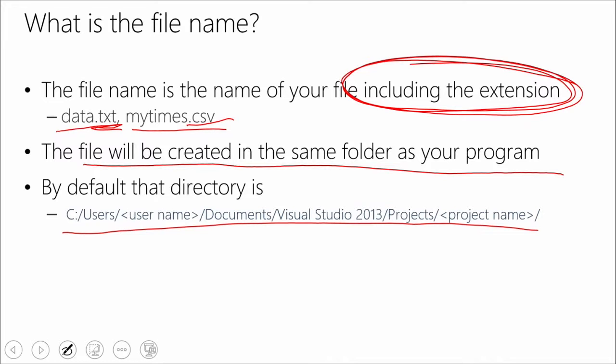In our case, we're using GitHub for all of our files, and as a result, Visual Studio is putting this in a different location: C:\Users\your username\source\repos\ and then the name of the project. So where it is can be a little bit tricky.